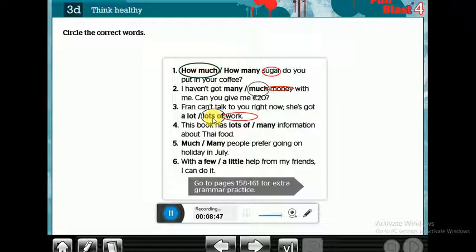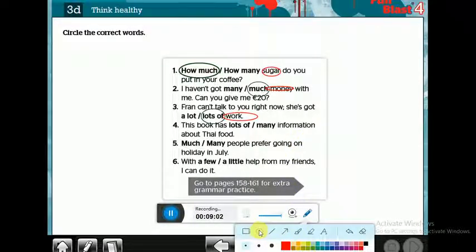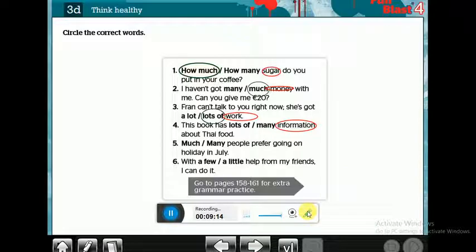Okay? Number 4. This book has lots of or many information. You see information, what kind of noun is this word, countable or uncountable? Let's focus on it, please. So what do you think information is? Information is an uncountable noun.